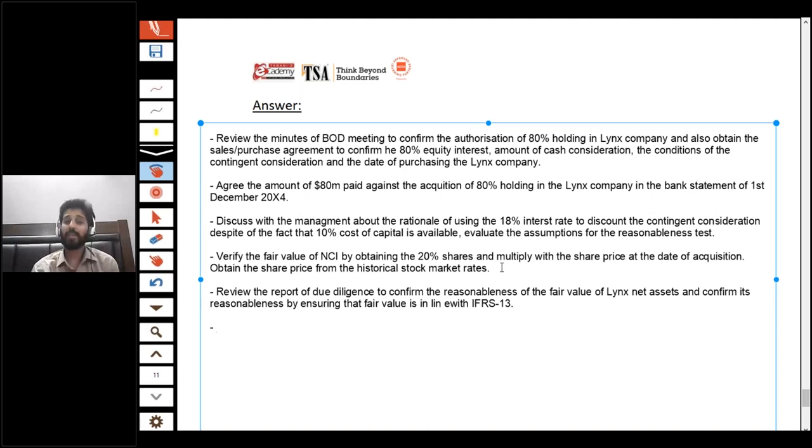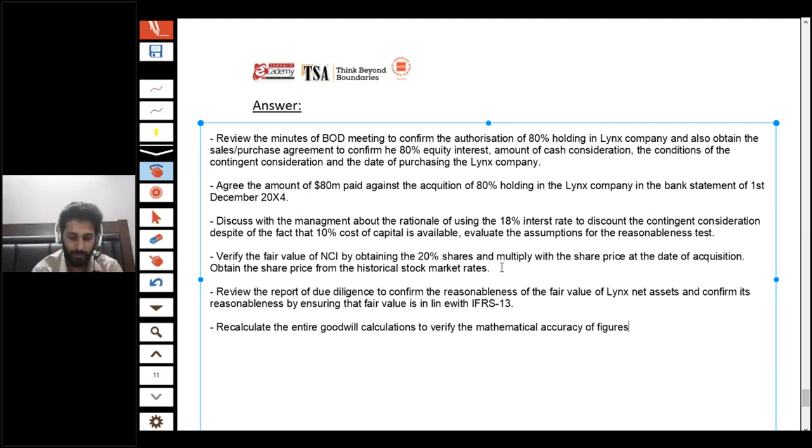Now the question is expressly saying that no need to apply the procedures on the impairment, and so I will simply recalculate the entire goodwill calculations to verify the mathematical accuracy of figures 1, 2, 3, 4, 5, 6.